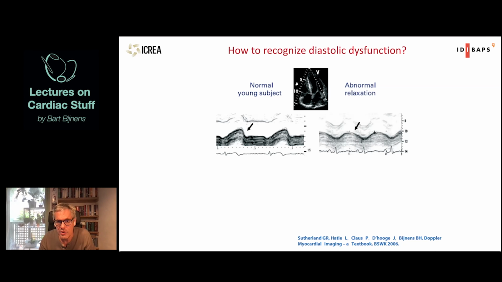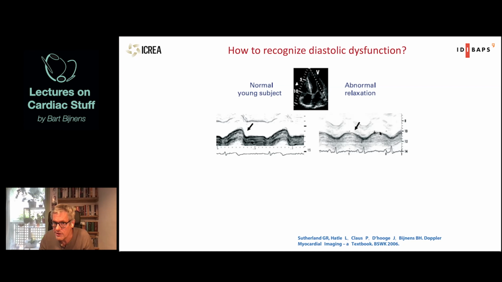And then during the diastasis period, there's no filling taking place. And then you will have atrial contraction. We'll come back to that later on. If you have abnormal relaxation, what now happens is that very often we have less systolic forward motion. What you now see is that there's a long period where nothing happens. The ECG is not so great here, but here's a little bit better. So likely the aortic valve will close here, and then still nothing is happening.